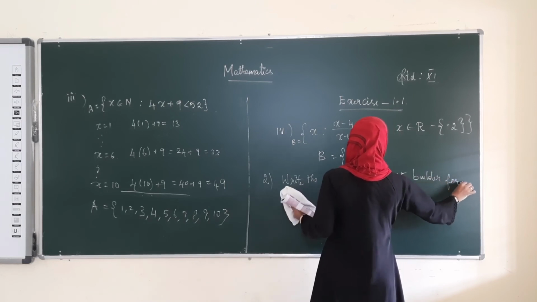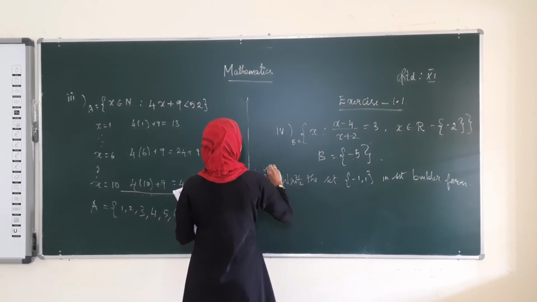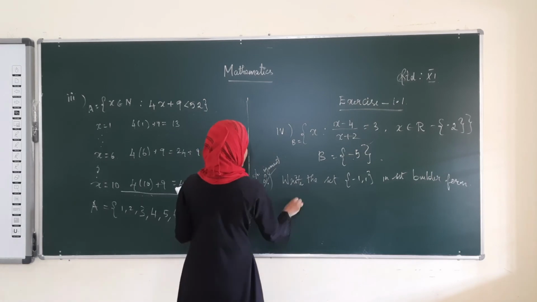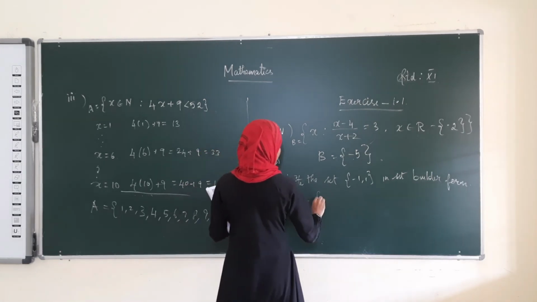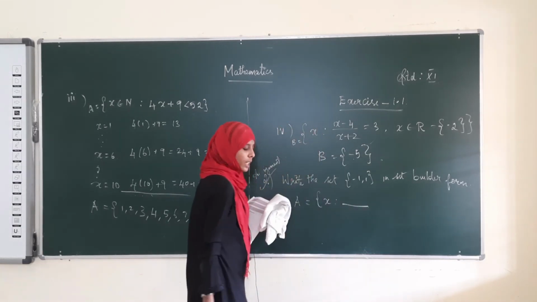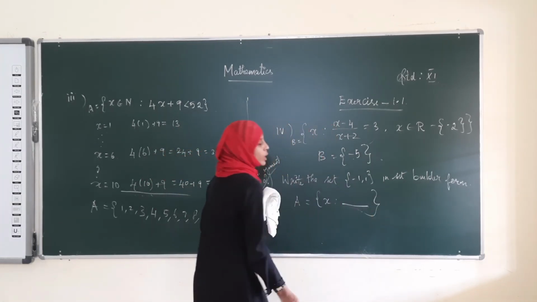This will be homework for you, assignment. Do it yourself. Let us take the set as A is equal to, you have to write in the set builder form x such that there should be some condition. What's the condition? You have to find.